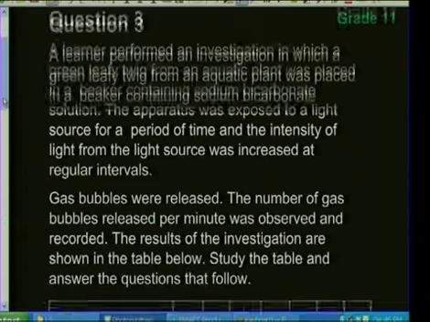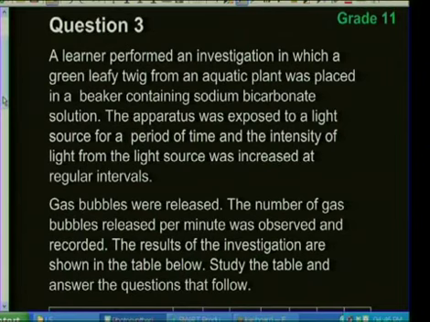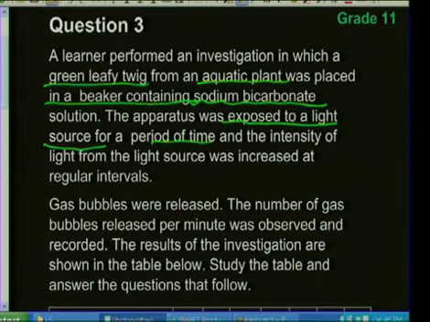Okay, we got the pen on. A learner performed an investigation in which a green leafy twig from an aquatic plant was placed in a beaker containing sodium bicarbonate. The apparatus was exposed to a light source for a period of time, and the intensity of light from the light source was increased at regular intervals.